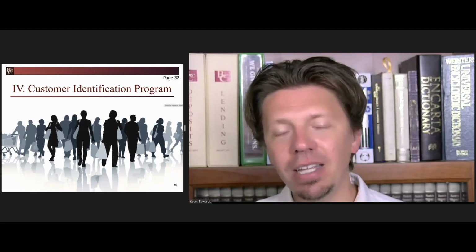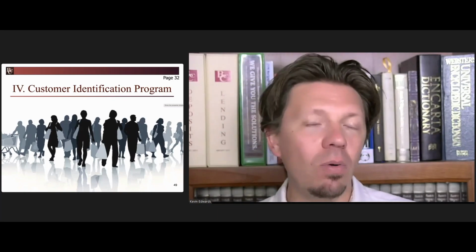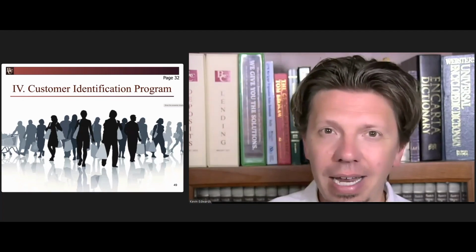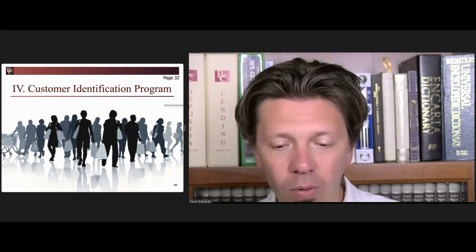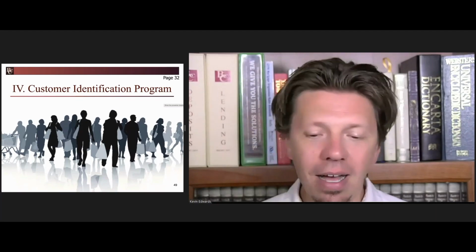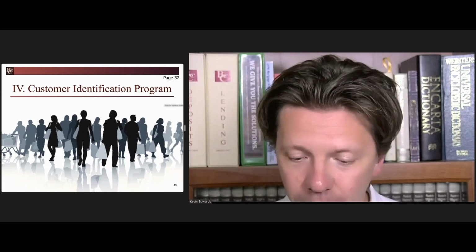Do they have the types of identification that is going to be available or what they would be willing to accept? And really making sure that it is all laid out very clearly in their written program. Is it appropriate for the size of the bank or their location or customer base? All of these things should be taken into account when you're really evaluating their customer risk profile.